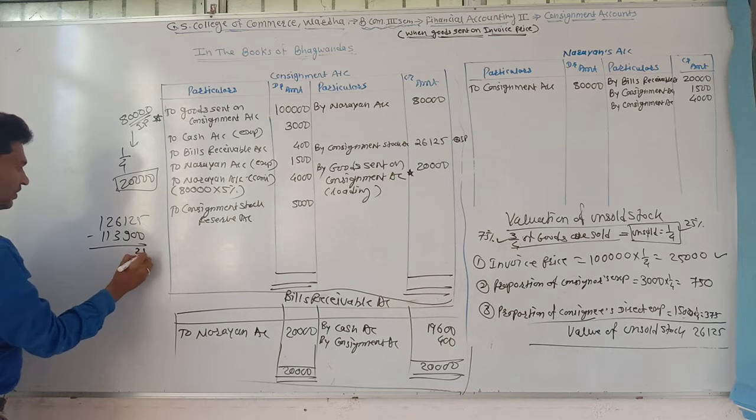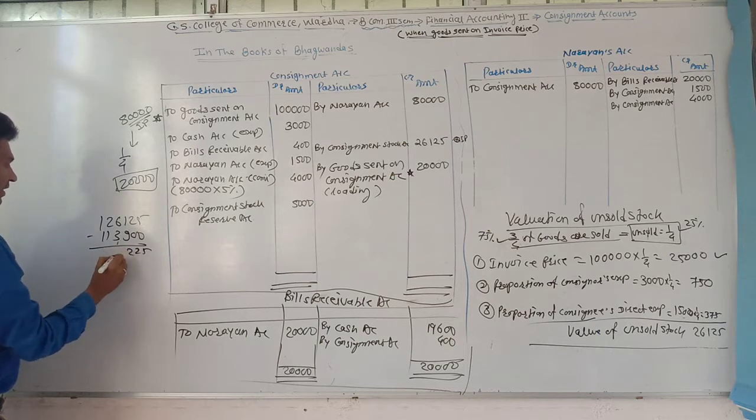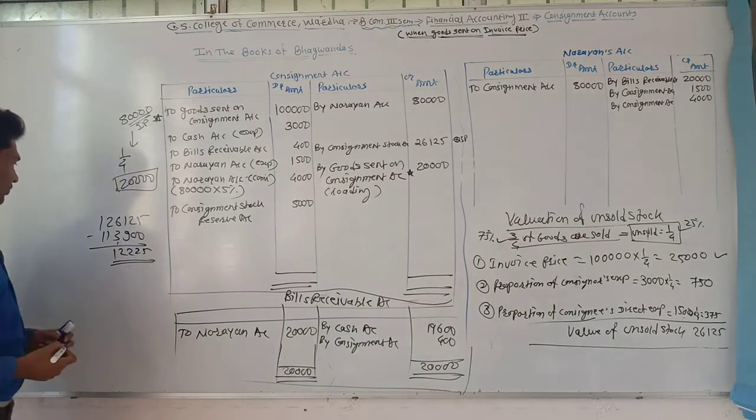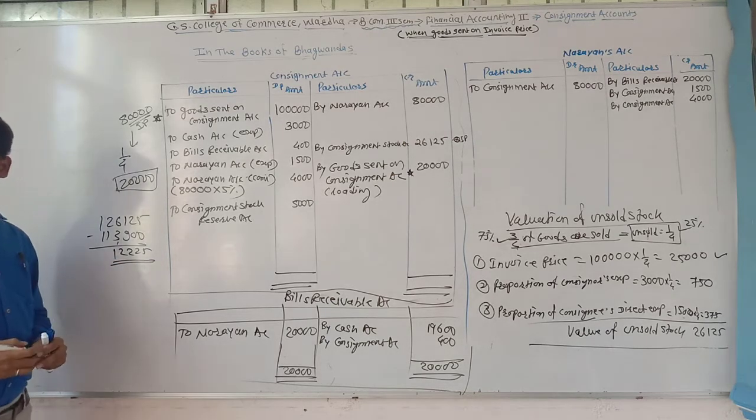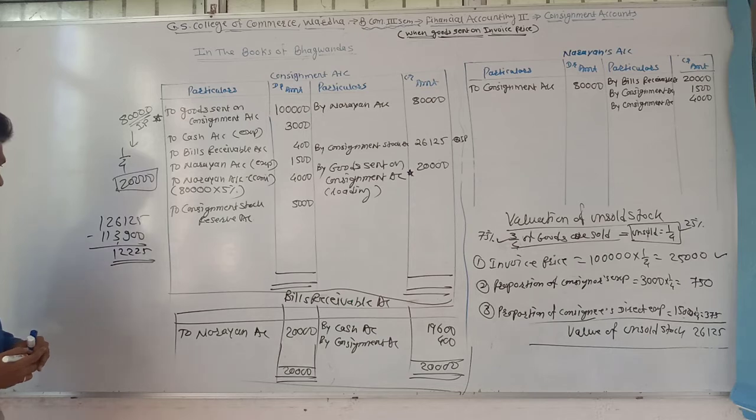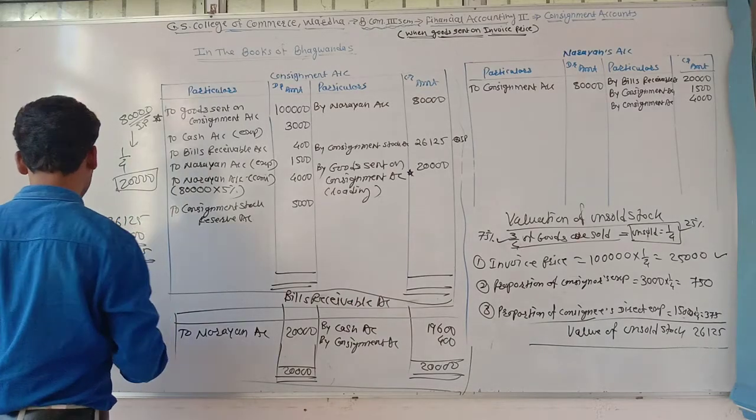So rupees 12,225. Okay, then I had given the wrong answer in the book.